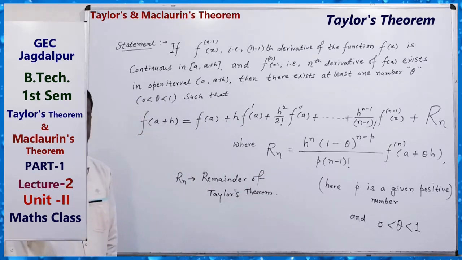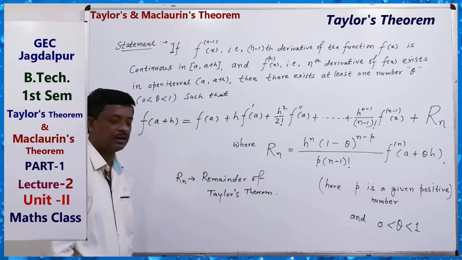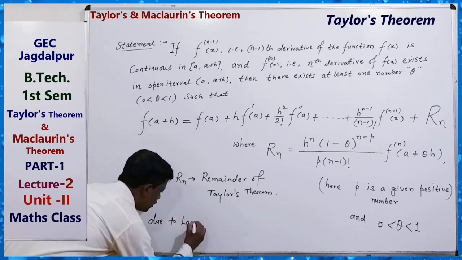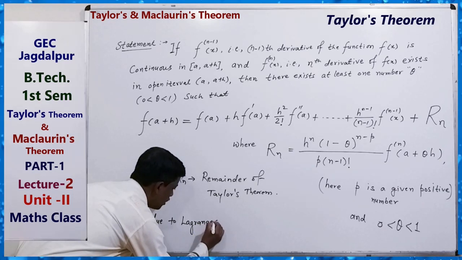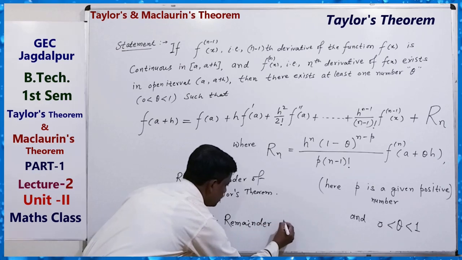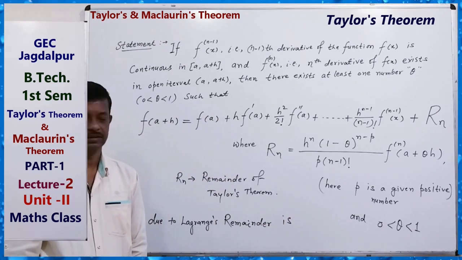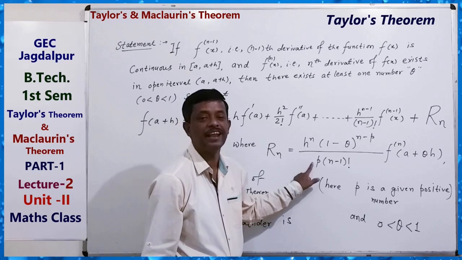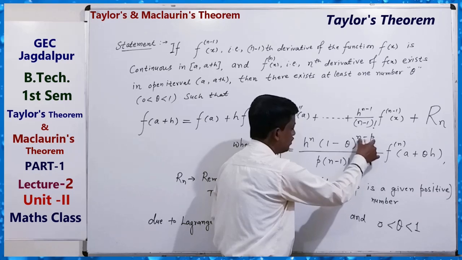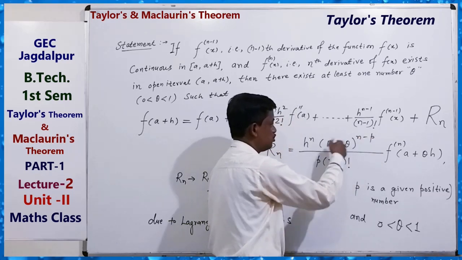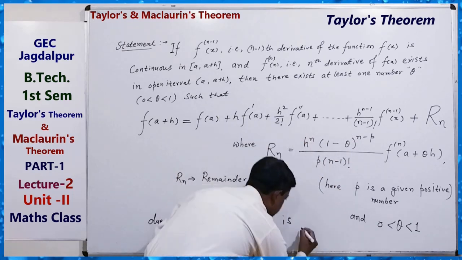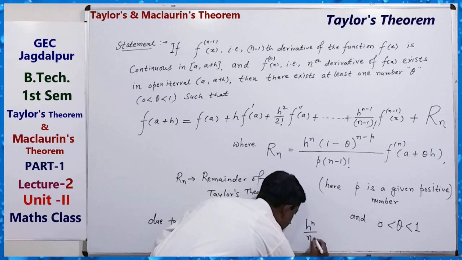The remainder of Taylor's theorem due to Lagrange is obtained by taking p equals n. Then n minus n is 0, so (1 - theta) to the power 0 is 1, and p (n-1)! becomes n!, so Rn equals h^n by n! times f^n(a + theta h).